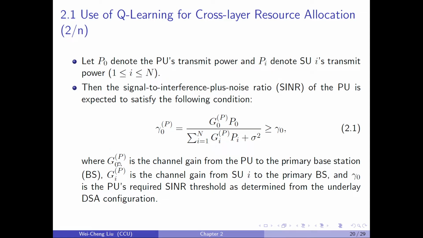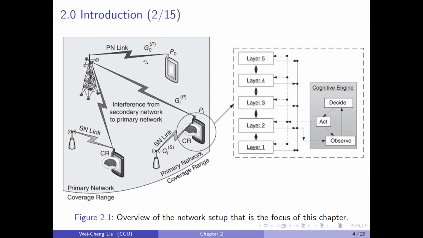This term G0P is the channel gain from the PU, that is, primary user to the primary base station, BS. Let us go to figure 2.1 to see G0P.